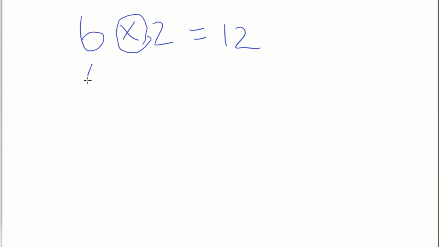One way is you can use a dot. And then the other way is parentheses. So another way you can write this is 6 times 2.